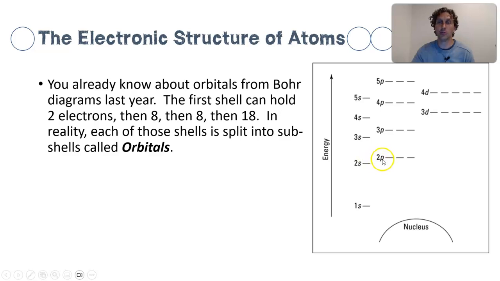And it has 2p orbitals, 3 of them, and each of those can hold 2 electrons. So you can have 6 electrons in the 2p orbitals. So how many can you fit in the second energy shell? Well, you can have 2 here and 6 here. That adds up to 8.